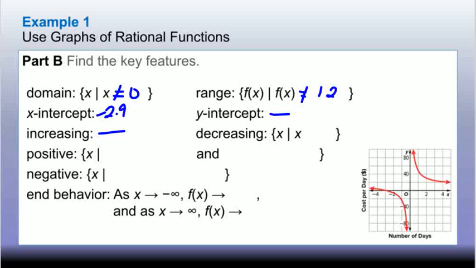Increasing, it's never decreasing. It's increasing for all values of x except for x cannot equal negative 2.9. Positive would be above when x is less than negative 2.9 and when x is greater than 0.